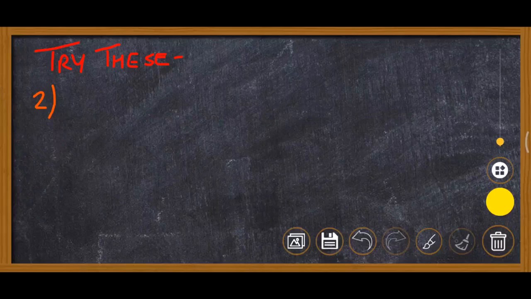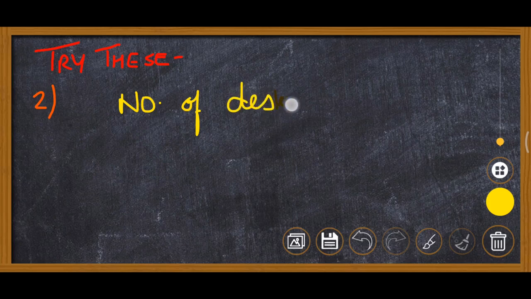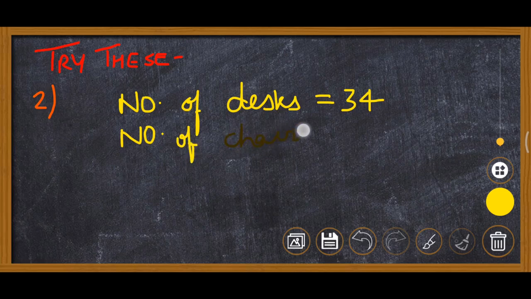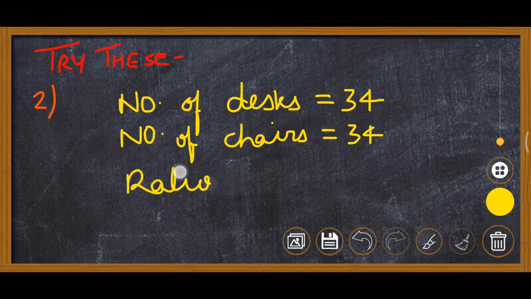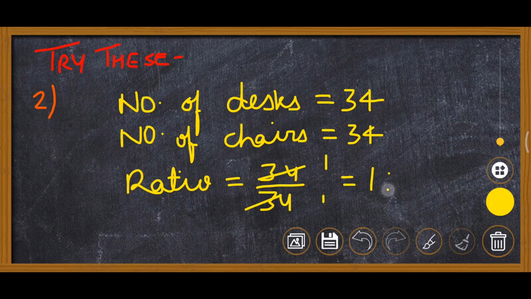Number of desks in our class is 34, and number of chairs are also 34. So the ratio is 34 upon 34. You can reduce it. So the ratio is 1 ratio 1.